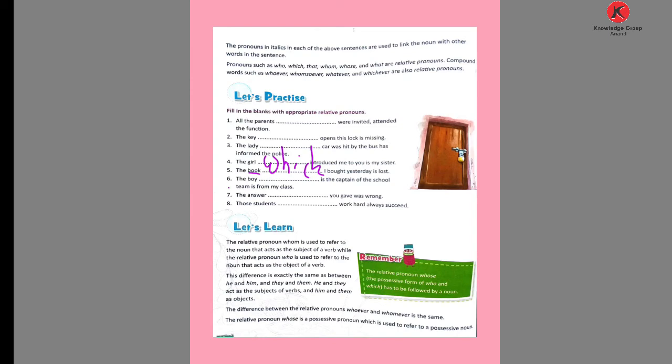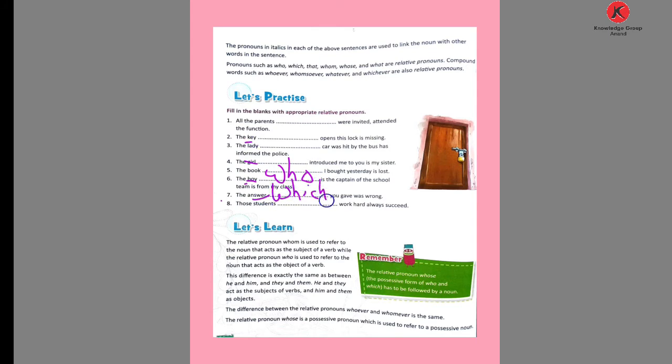Now number 6. The boy blank is the captain of the school team is from my class. Same, here we talk about the boy. So what comes here? Who. Now number 7. The answer blank you gave was wrong. The answer, talk about the answer just as the key. So what comes here?